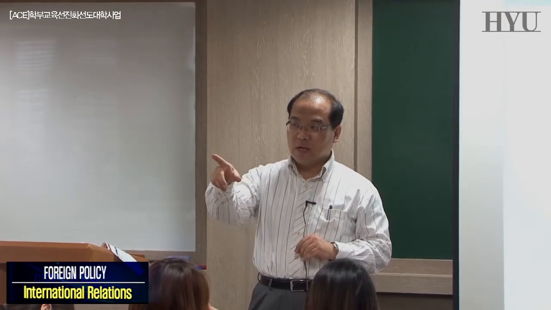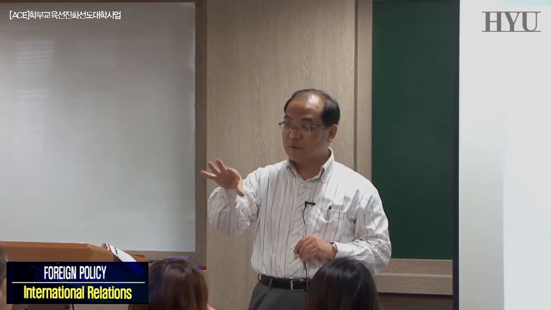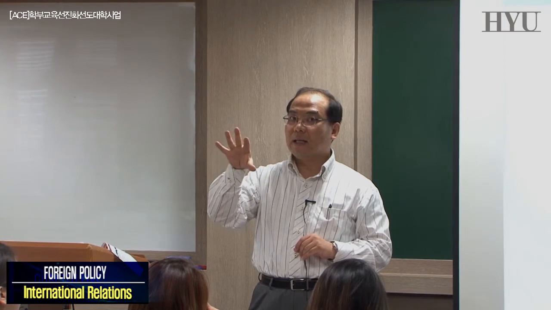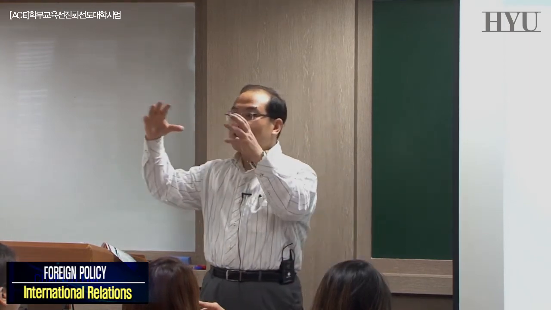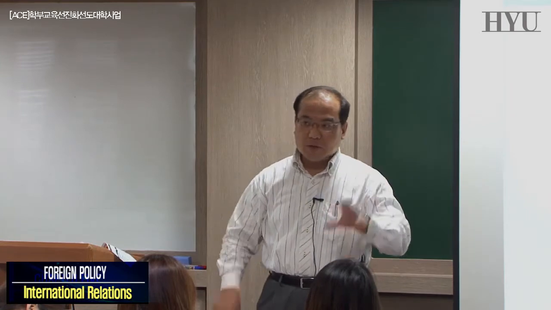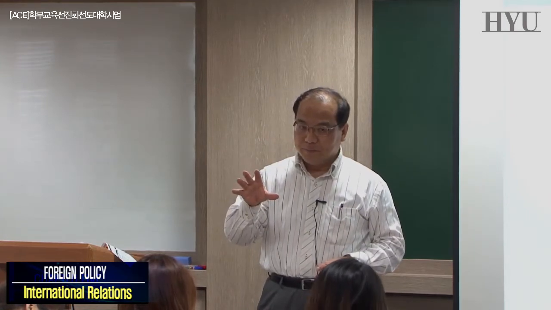Or your argument about the more individual, people-centered liberal approach, you have to make a link between that and the irrationality model. So there are two models, rationality model and irrationality model.